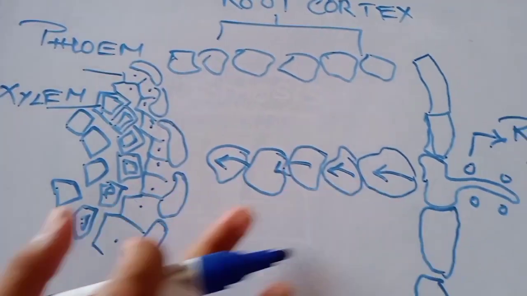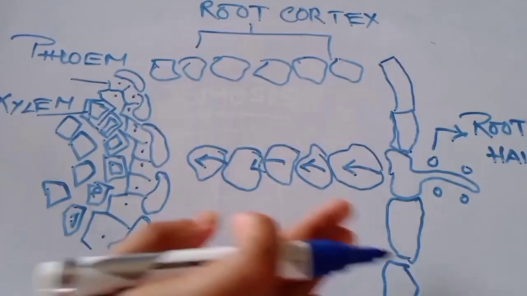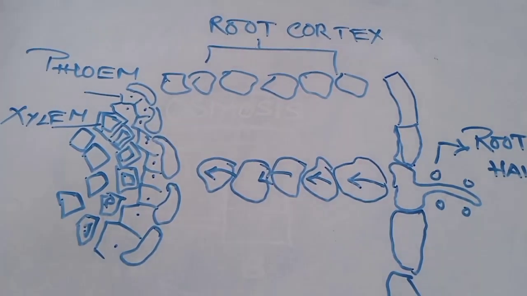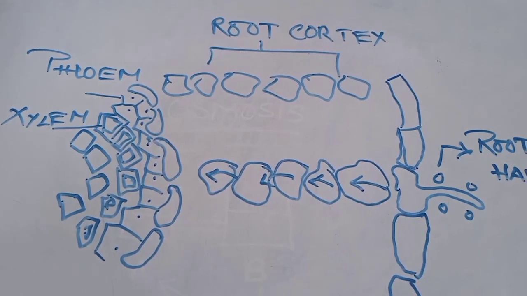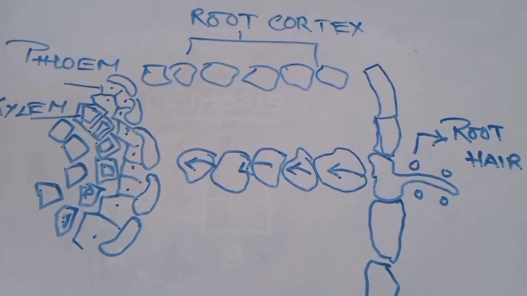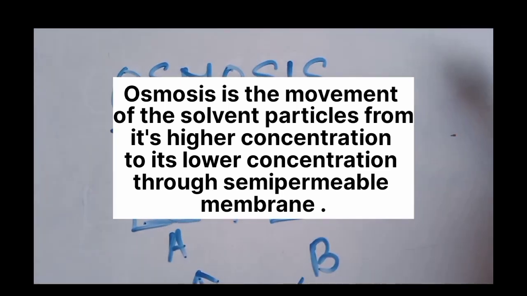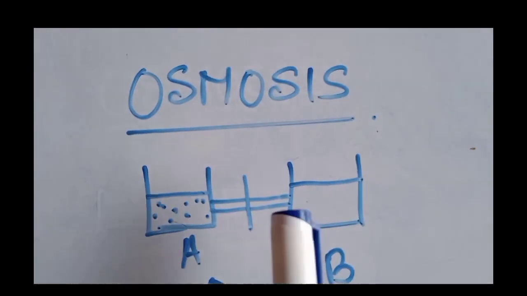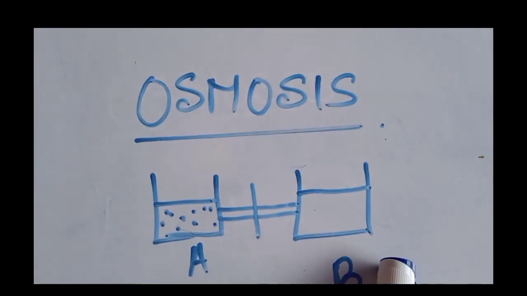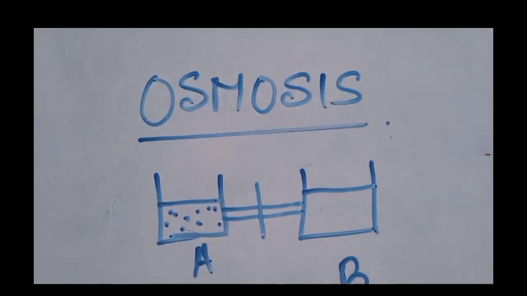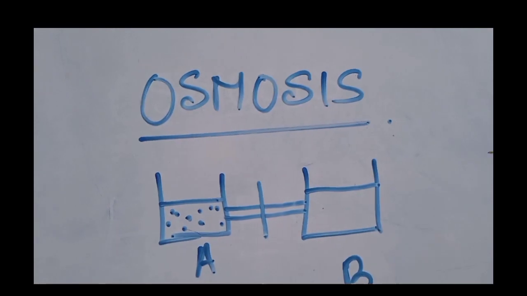Now, how is the water conducted? The water is transported by the root hair through a process called osmosis. Now, what is osmosis? Let us take an example. Tank A, tank B. Tank A has sugar solution, tank B has normal water.